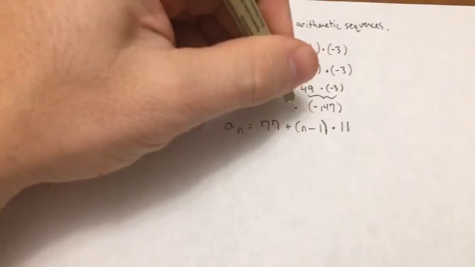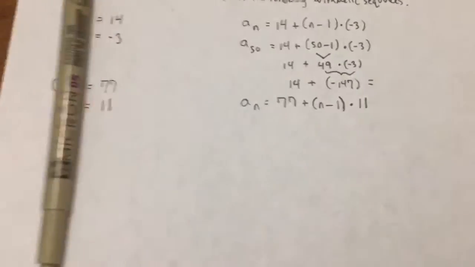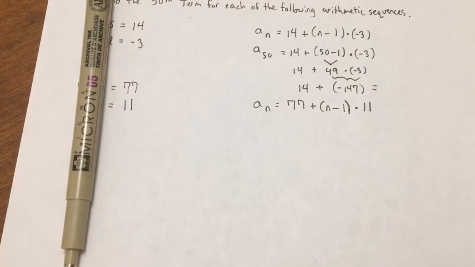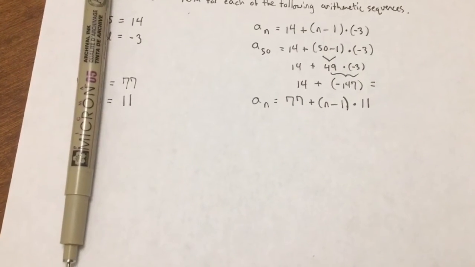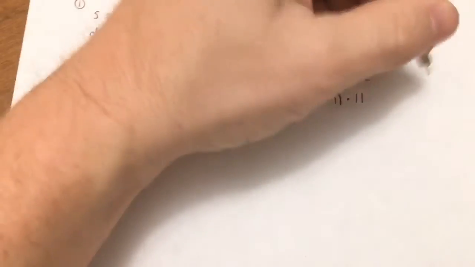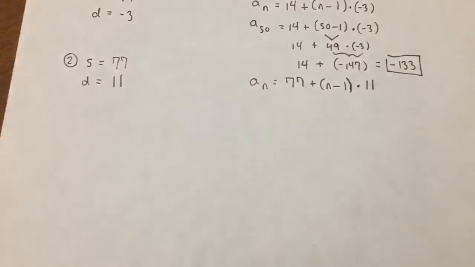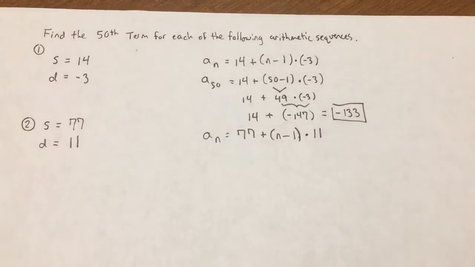And don't forget, we're going to add that with positive 14 off to the side. So 14 plus negative 147 equals a grand total of negative 133. There is our 50th term for the sequence.